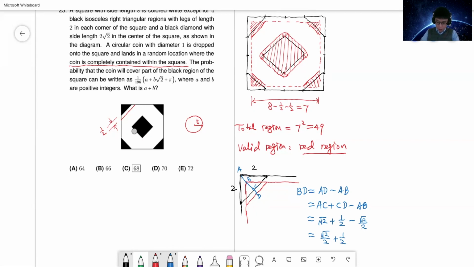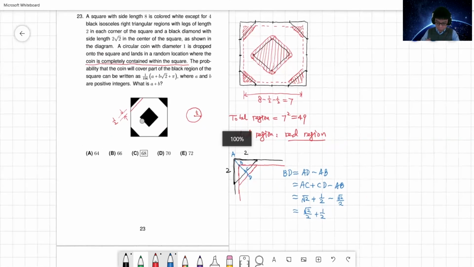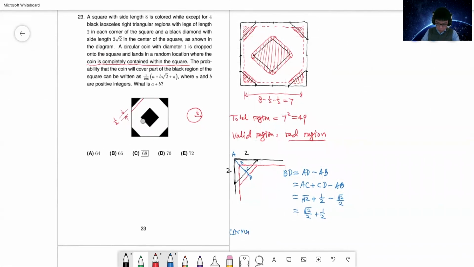So each corner red region has the area equal to BD squared, which is (3 plus 2 root 2) divided by 4.